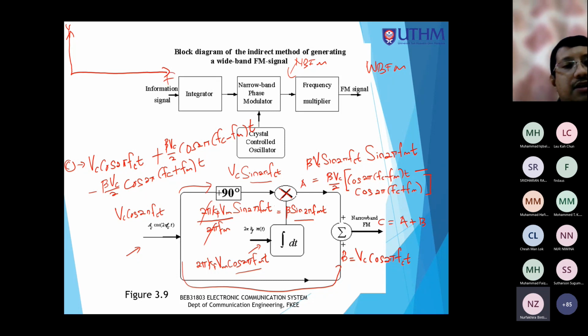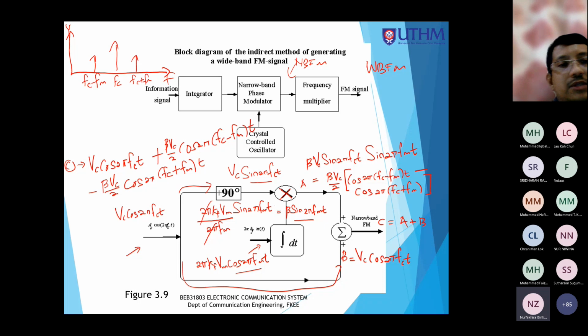So I can draw that. You see that I have three components. The first one is the carrier FC, and I have the upper sideband, which is FC plus FM, and I have the lower sideband located at FC minus FM.